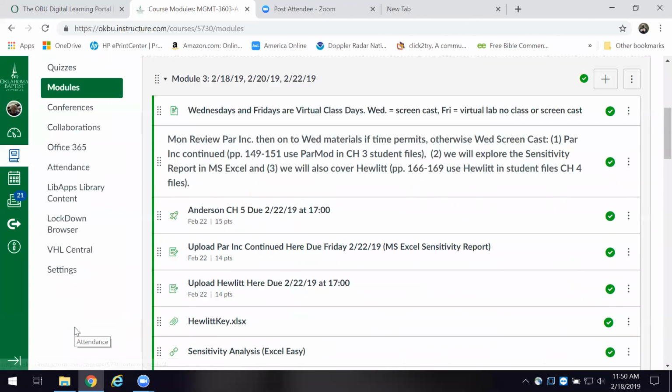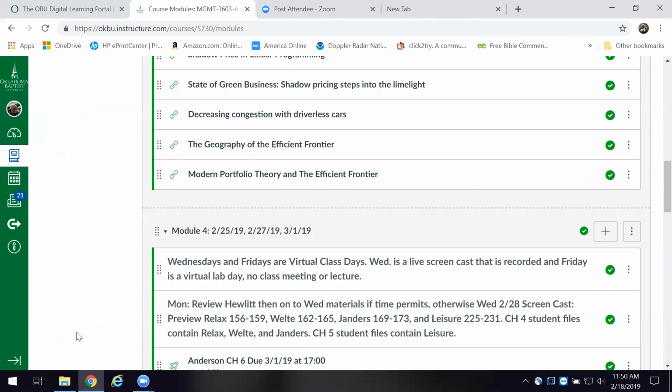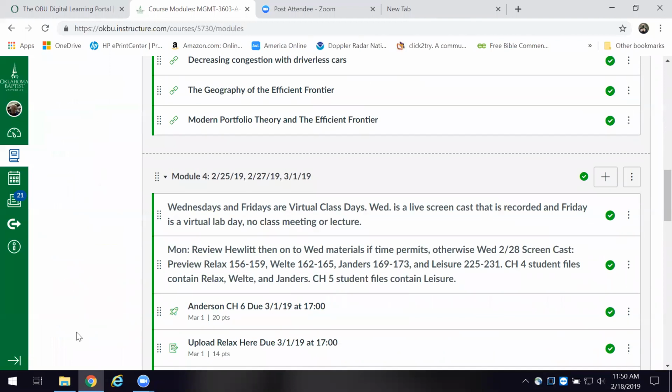Let's take a look. No, I don't ask you to do anything, but here's what I would like you to do. Take a look at the surrounding narrative out of the text, all right? For those cases, relaxed, wealthy, genders, and leisure, they're all very different.